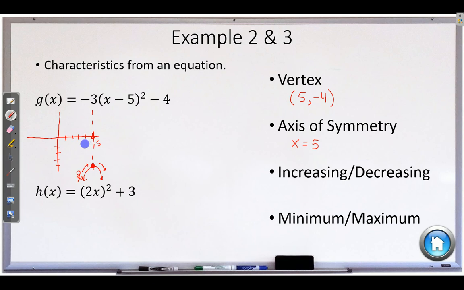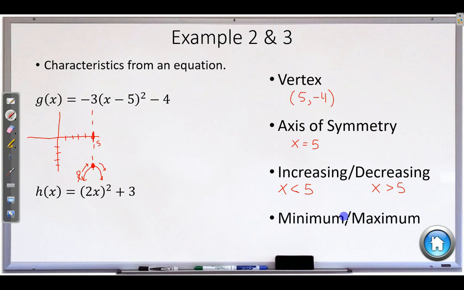On the left side of 5, we are increasing. To say the left side of 5, those are all the numbers smaller than 5. So x is less than 5, we are increasing. And then after 5, bigger numbers than 5, we are decreasing. So that is x greater than 5.